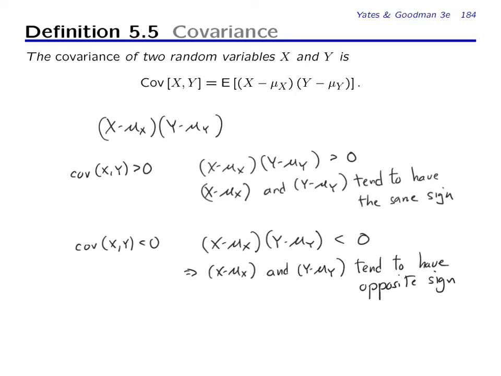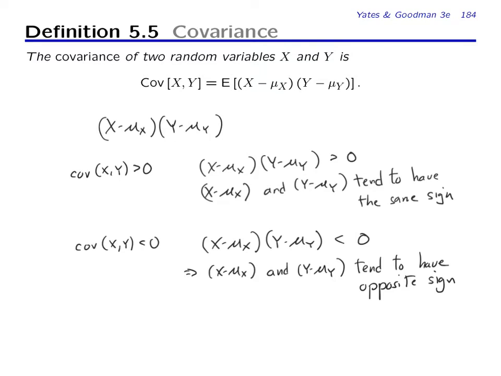So in essence, the way to think about this is that positive covariance says that when X goes up, i.e. when X is bigger than its mean, Y tends to go up. Y tends to be bigger than its mean. And negative covariance says that when X is bigger than its mean, Y tends to be less than its mean. So as X goes up, Y goes down. In the case of positive covariance, they tend to move together in the same direction. With negative covariance, they tend to move in the opposite direction.